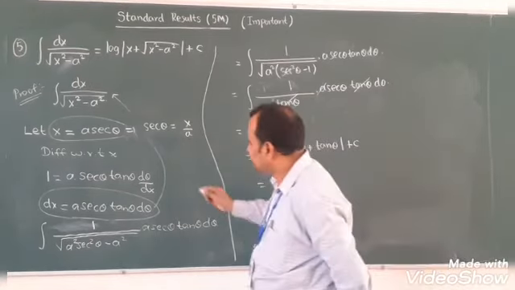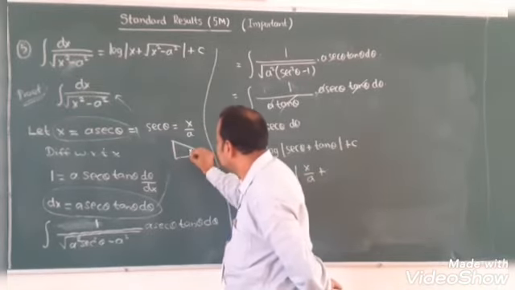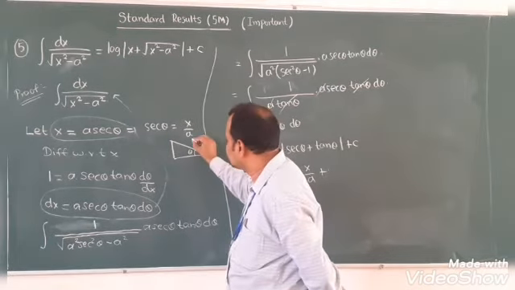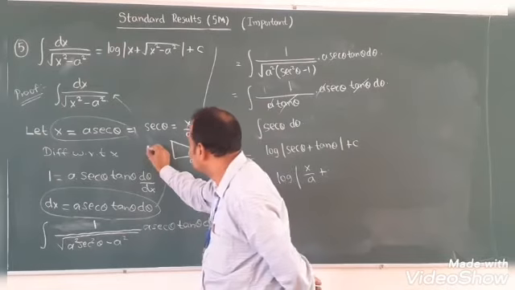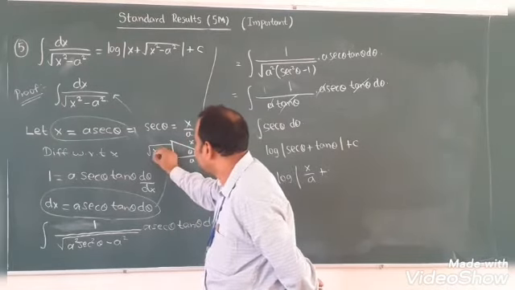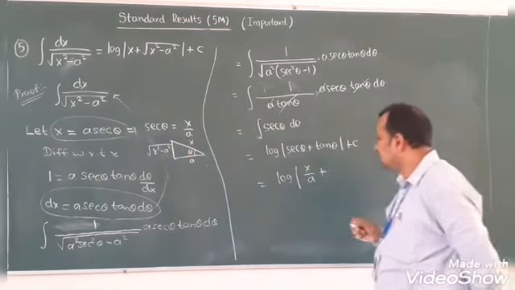Now what I can do here is, let us draw one right angle triangle. So this is theta. So x by a, so this is x, this is a, use Pythagoras theorem, this will be square root of x square minus a square. So from the figure, what is tan?